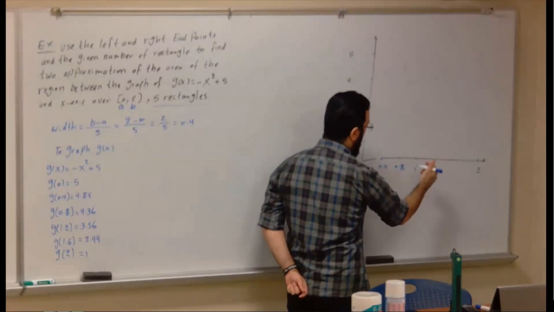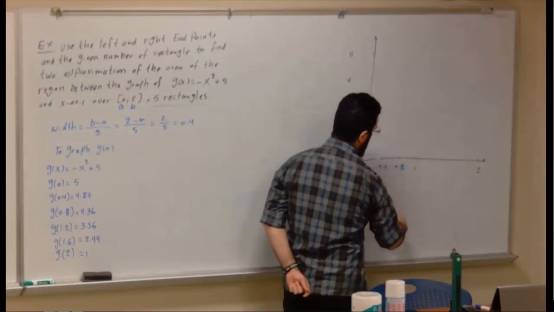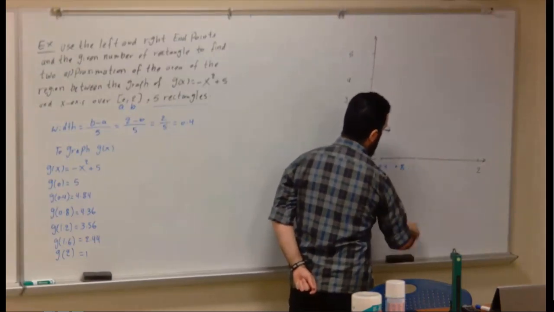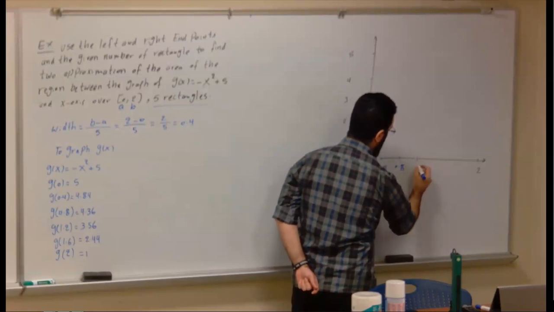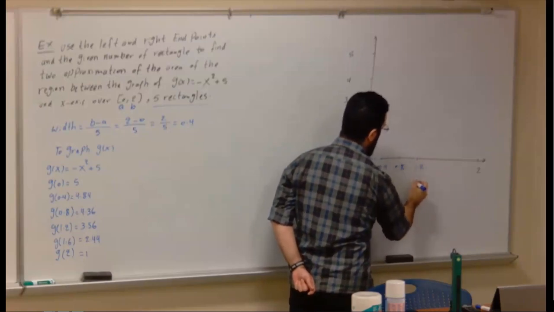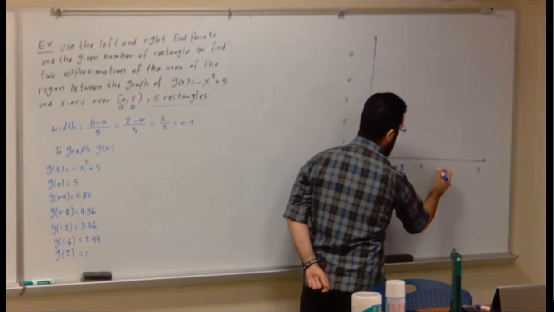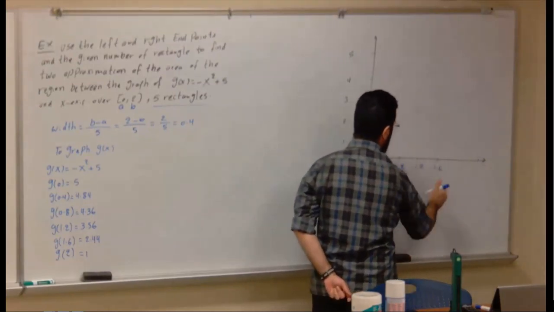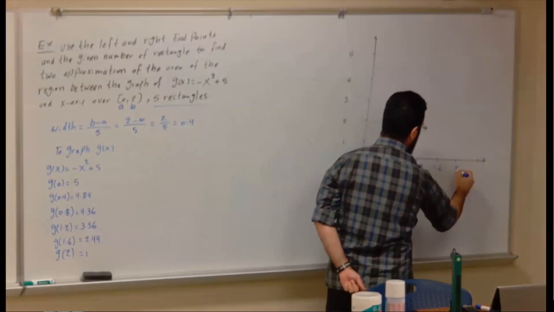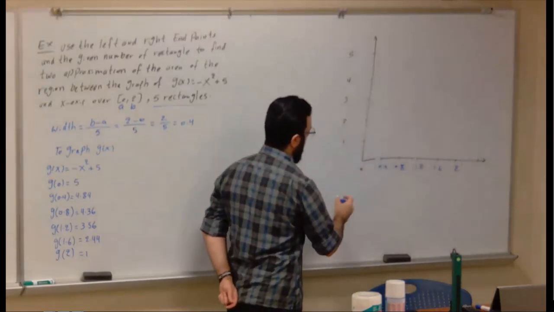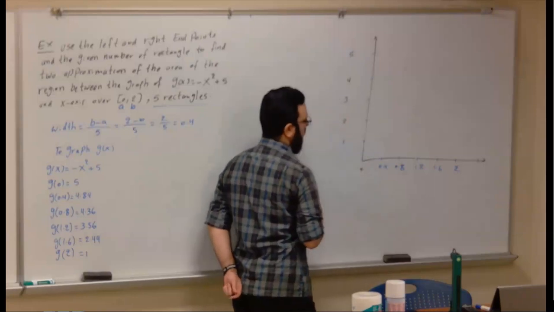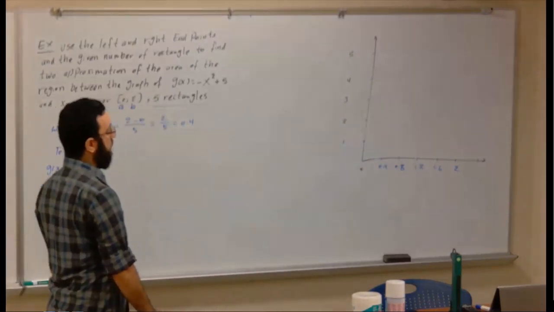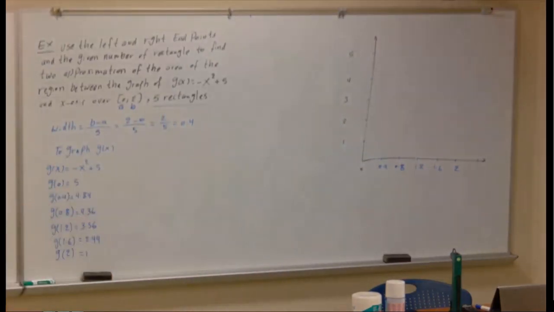You add 0.4, going to be 1.2. You add 0.4, it's going to be 1.6. And let's do the 2 here. There's our rectangles.